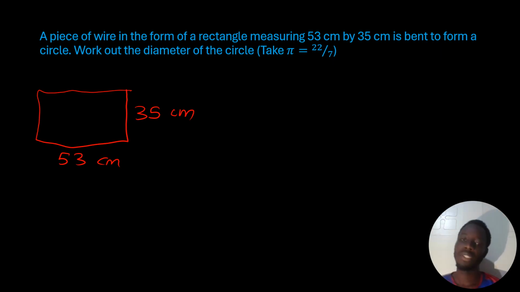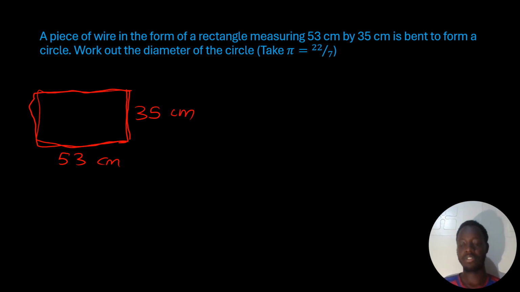We said earlier in this lesson that circumference and perimeter are the same thing. It is just that perimeter is used for straight-line objects like squares, rectangles, and triangles, while circumference is used for circles. The whole of this wire, from its width to its length, the other length and the other width, was bent to form a circle.